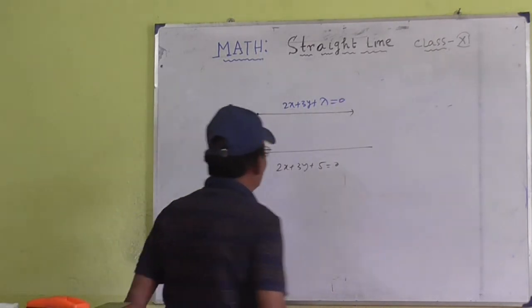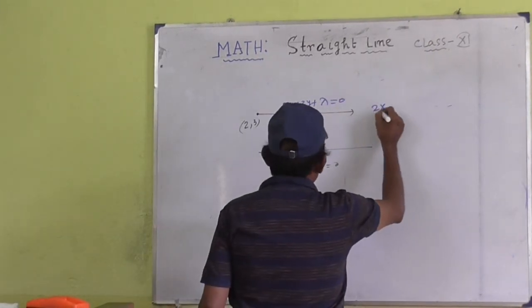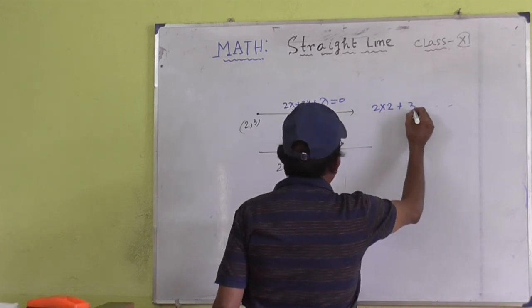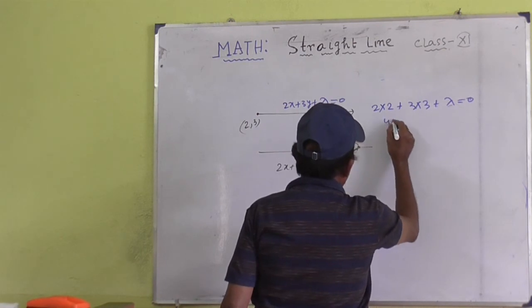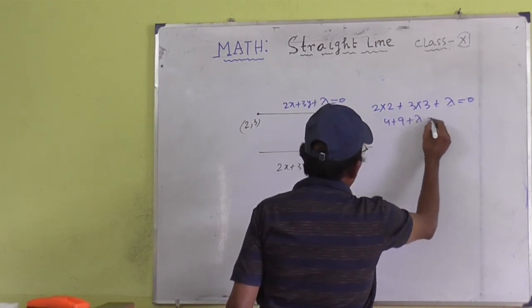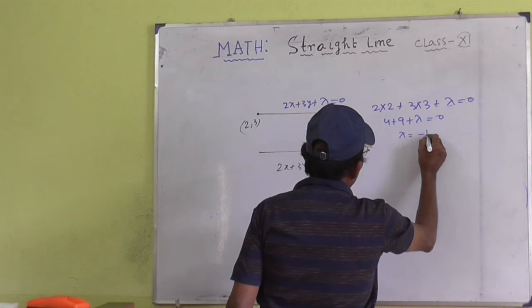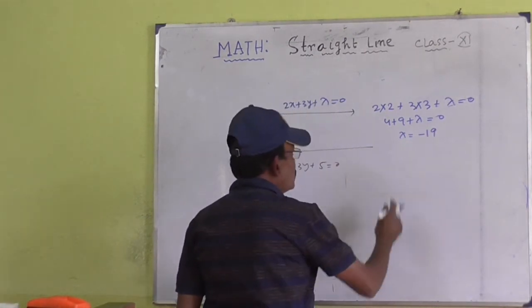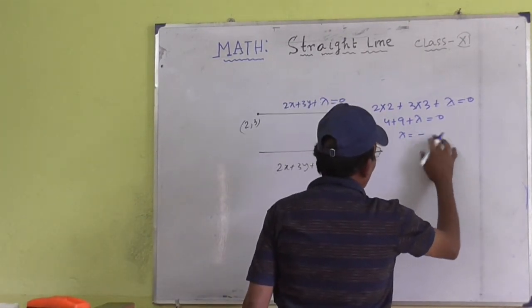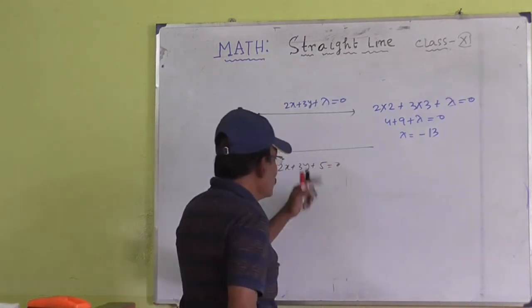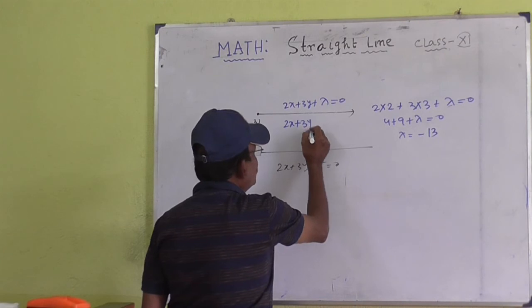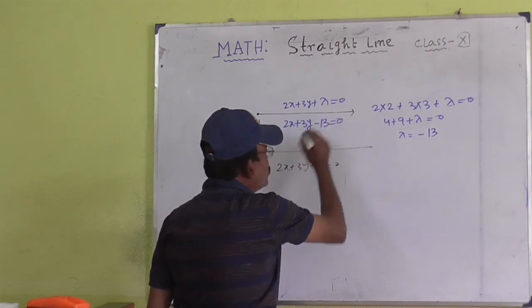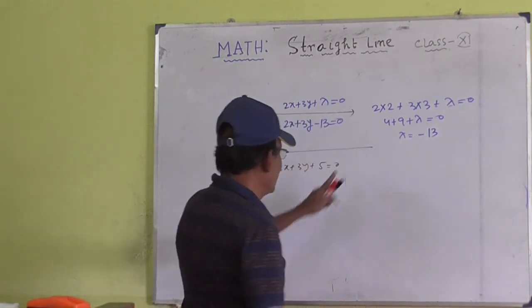If we put the values of x and y, 2 into 2 plus 3 into 3 plus lambda equal to 0. So 4 plus 9 plus lambda equal to 0, so lambda equals minus 13. So this equation is 2x plus 3y minus 13 equal to 0.